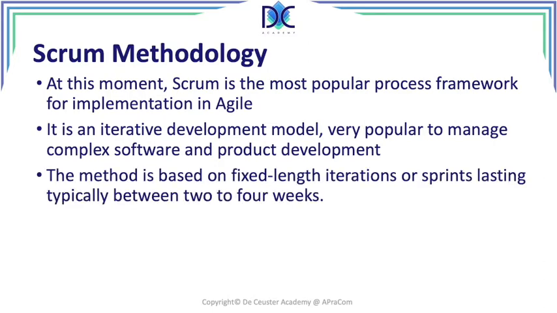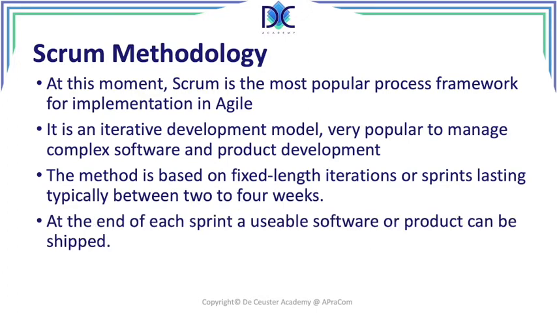The method itself is based on fixed length iterations we call sprints, and a sprint typically takes between 2 to 4 weeks. It could be 1 week, but typically the maximum is 4 weeks. It depends on what type of project you are working on, so you can adjust the sprints to create those intermediate working solutions.